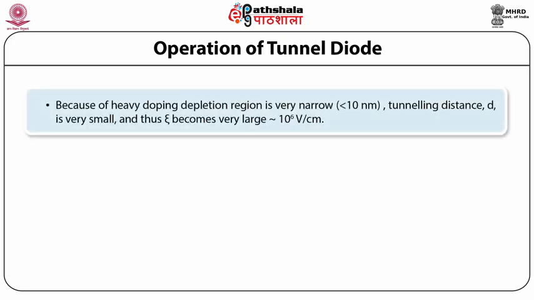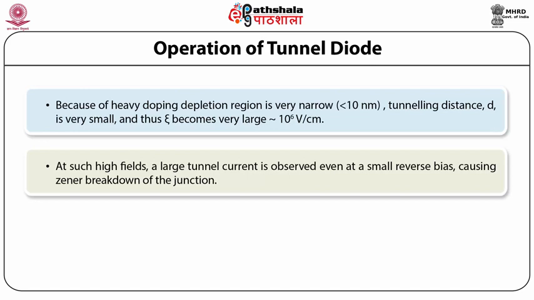So because of heavy doping, the depletion region is very narrow, that is less than 100 angstrom. Tunneling distance D is small and zeta therefore becomes very large, approximately 10 to the power 6 volts per centimeter.